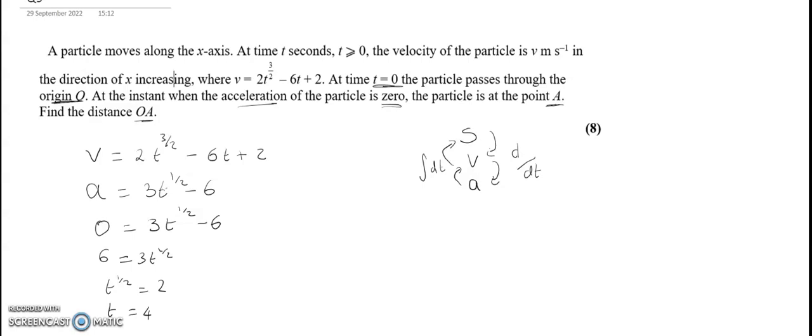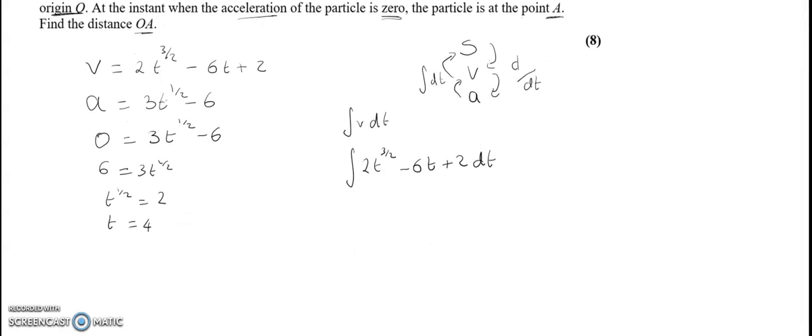Now I've got to find a distance. So in order to find the distance, I'm going to have to integrate v with respect to t. So integrate 2t to the power 3 over 2 minus 6t plus 2 with respect to t.